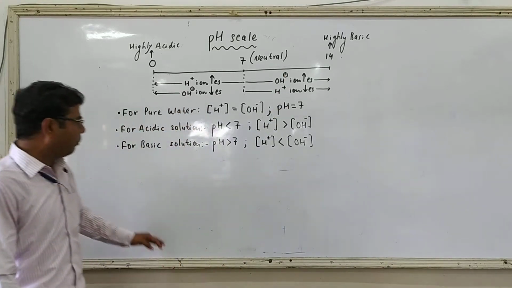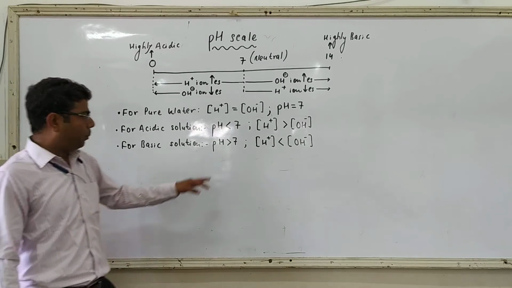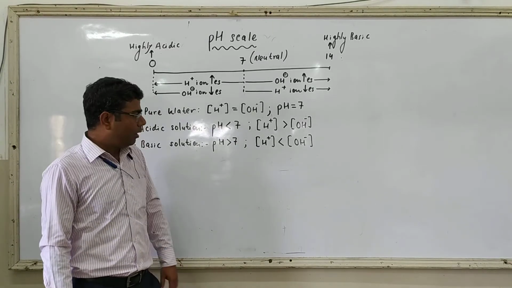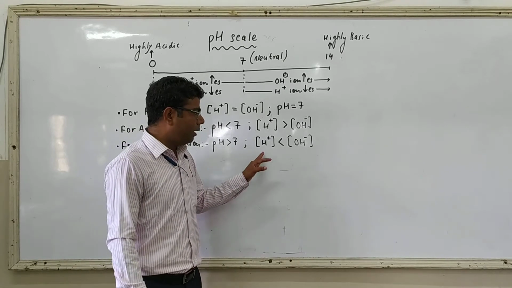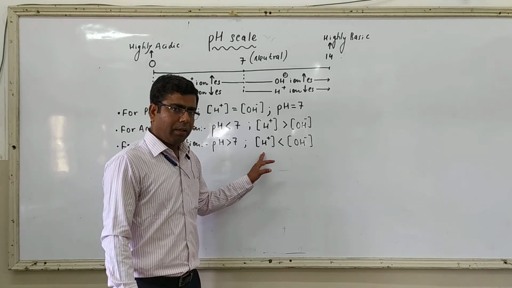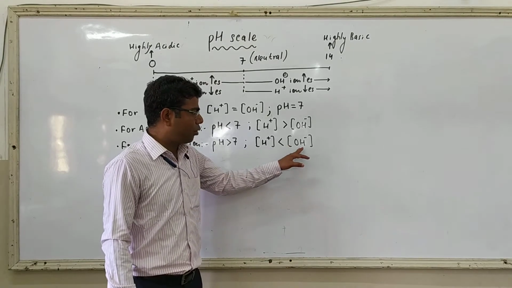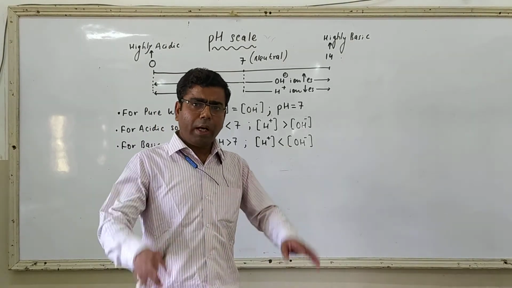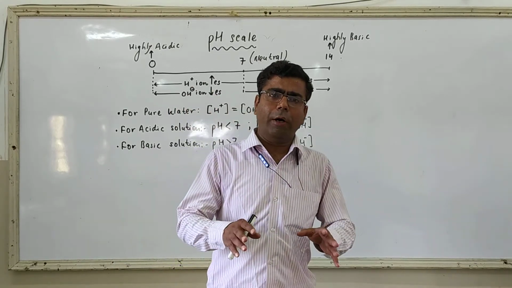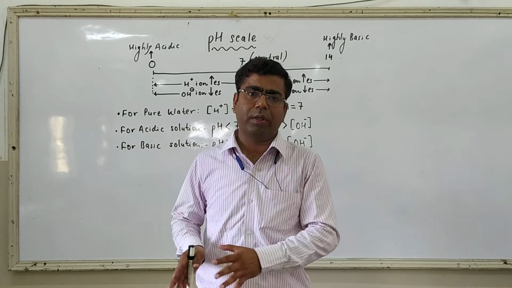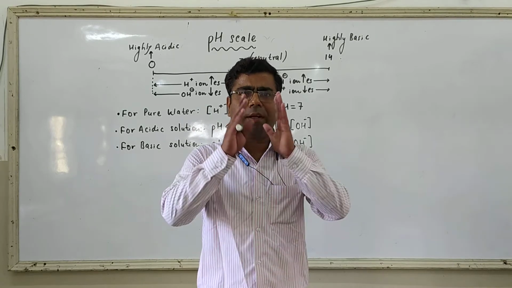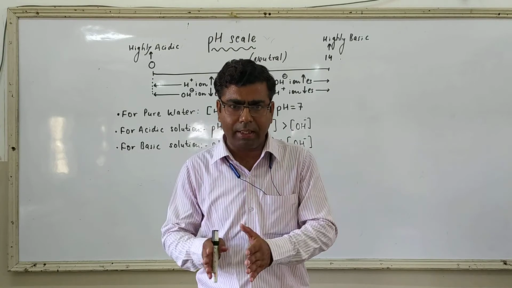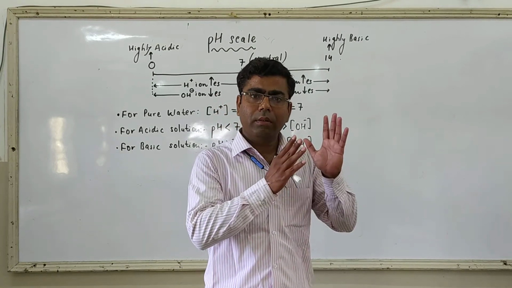So for any basic solution, the value of pH will be more than 7, and there the concentration of H plus ion will be less than the concentration of OH minus ion. So if you are provided the value of pH for the solution, then you can directly predict that the given solution is acidic, basic or neutral in nature.